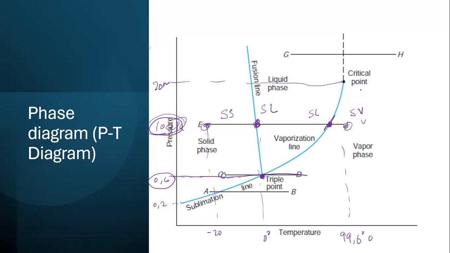We cannot distinguish the liquid and the vapor at this point in time, because we have a very high pressure and also a very high temperature. We can see here we also have a very high temperature on the side. Okay. And then this line over here, which is GH, is all about superheated. This side over here is going to be superheated, and that's it about the phase diagram or the PT diagram.